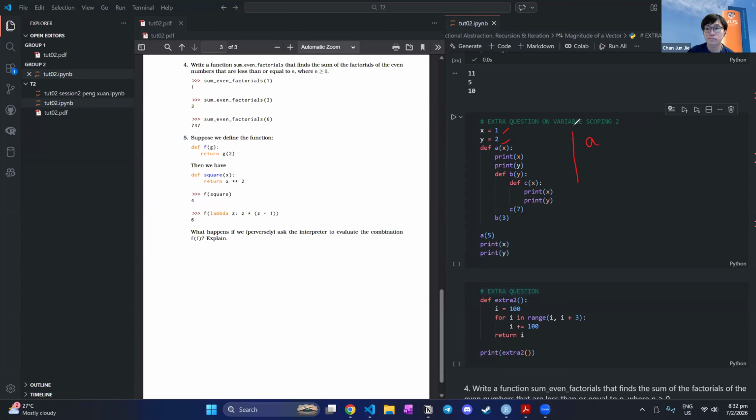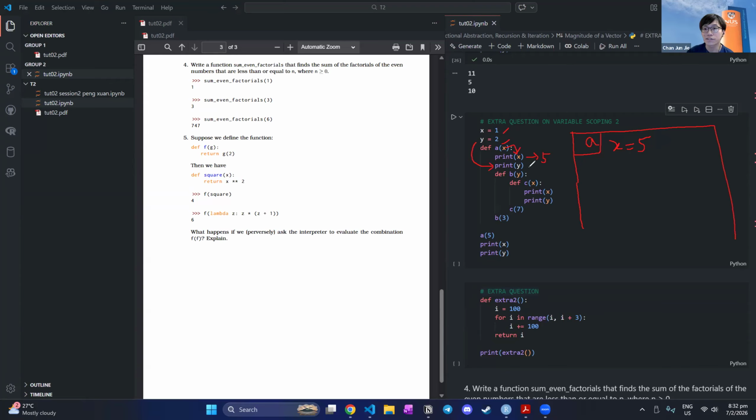So tracing through function a, x, the input parameter is initially set to 5. So when the print x function is run, 5 will be printed out. Next is print y. Since there is no local y variable created, it will take from the global scope, which is y equal to 2.